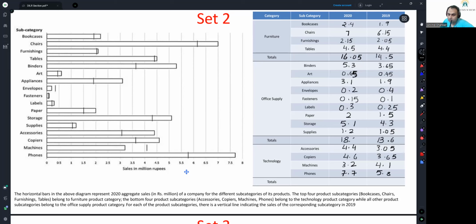So I'm getting 18 here. Let's see what we are getting here. 1.9, 1 carried over, so this becomes 19.9. Here it becomes 0.7, 0.8, so 0.6, 1 carried over. So 5, 4, 3, 12. 12 plus 3, 15 plus 1 carried over. 16.6 to 19.9. All totals I have.